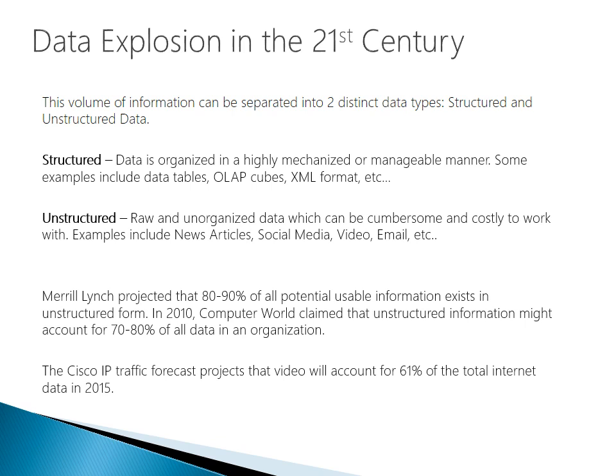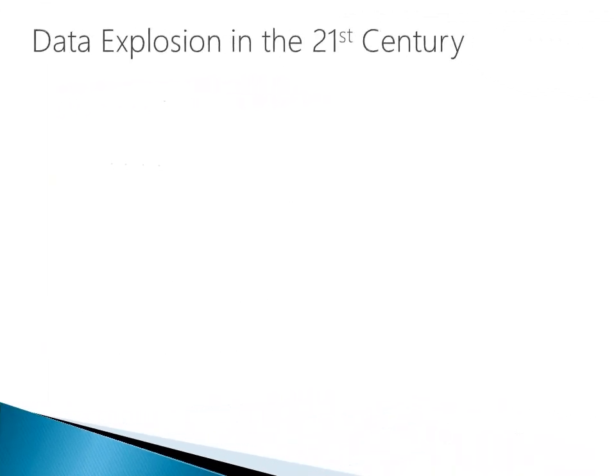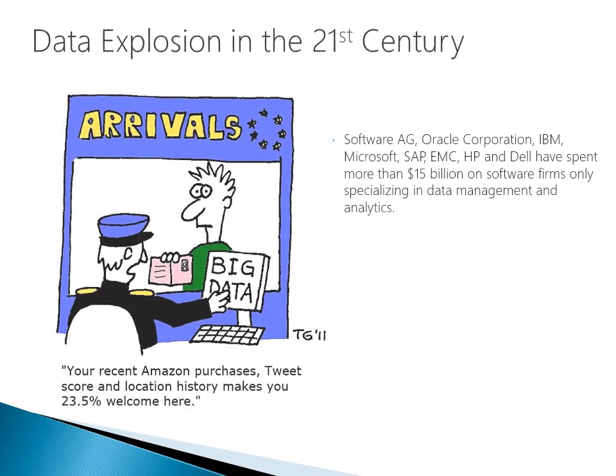Additionally, the Cisco IP traffic forecast projects that video will account for 61% of the total internet data use in 2015. So most of this data is actually video. Software vendors like Oracle, IBM, Microsoft are spending more than $15 billion on software firms only specializing in data management and analytics technologies.